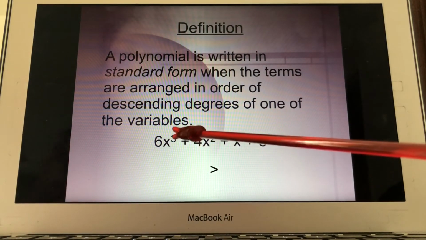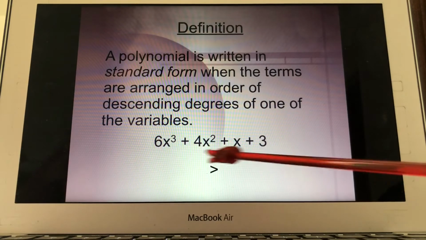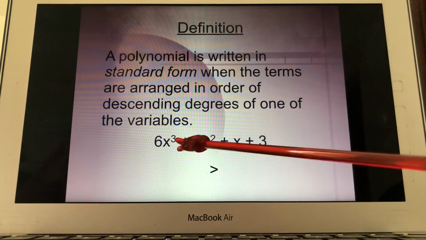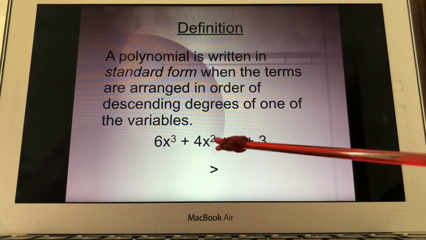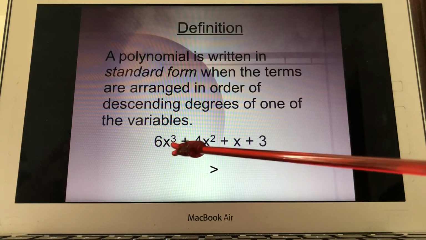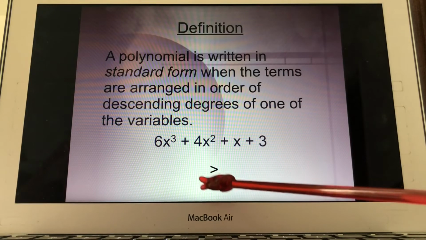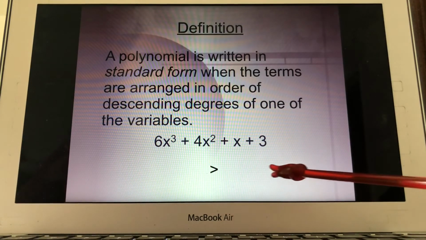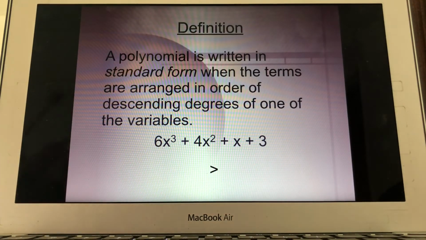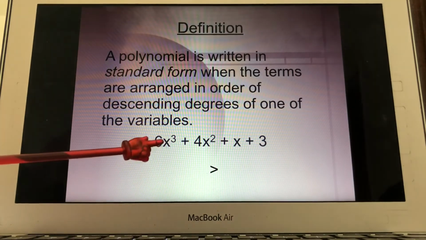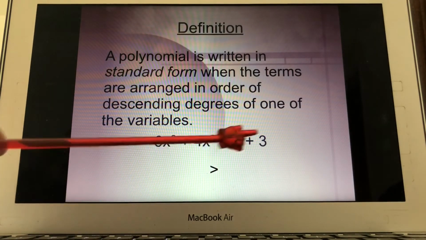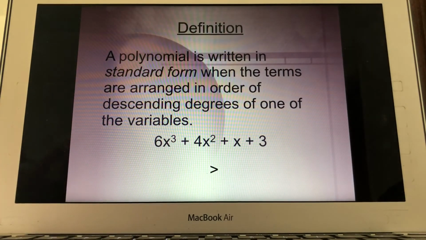So in other words, to get the standard form of this polynomial, you're going to take each of these terms and put them in from the largest to the smallest. That's why there's the symbol right here, largest to the smallest. You're going smaller. So our degrees here, we have 3, 2, 1, 0. And this is standard form.